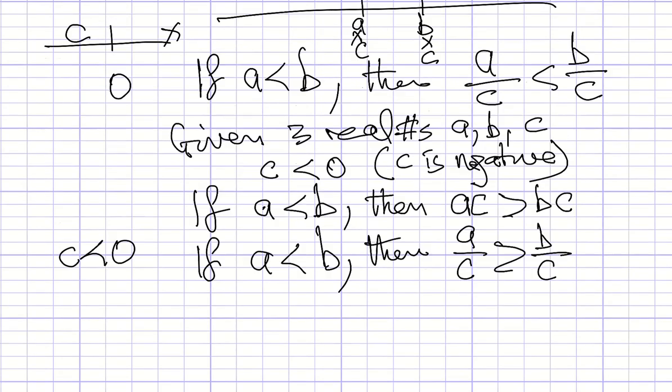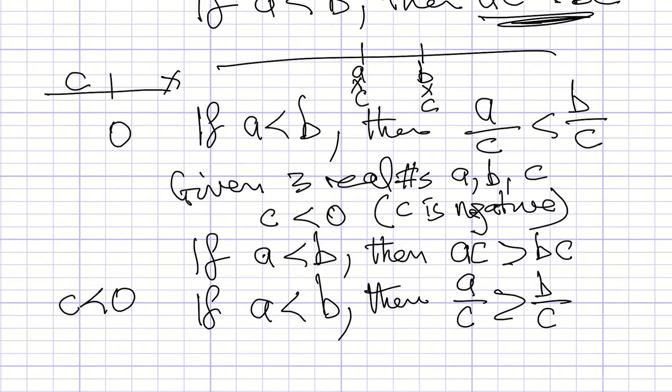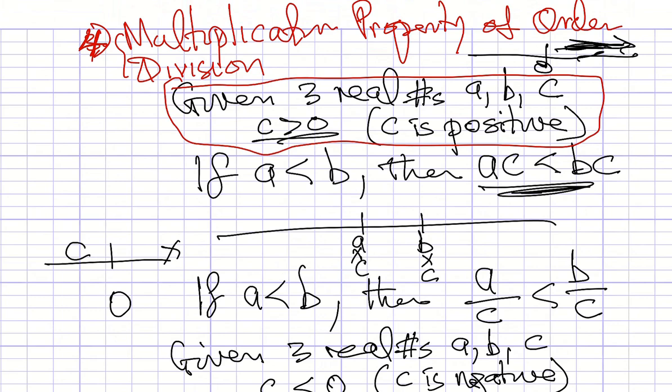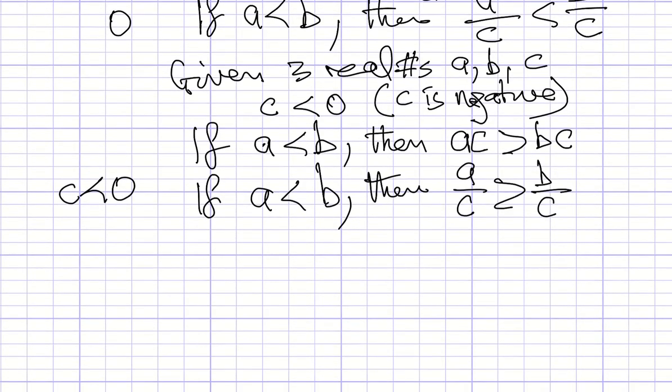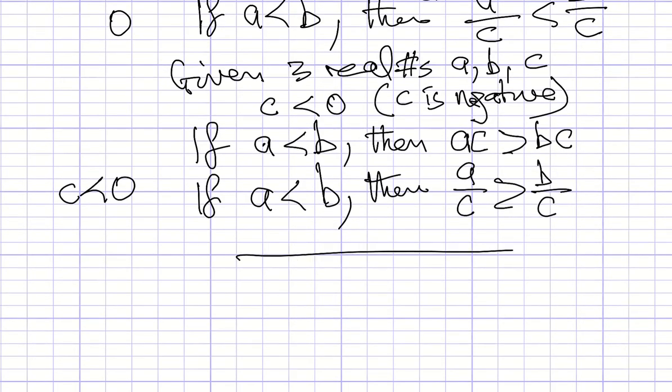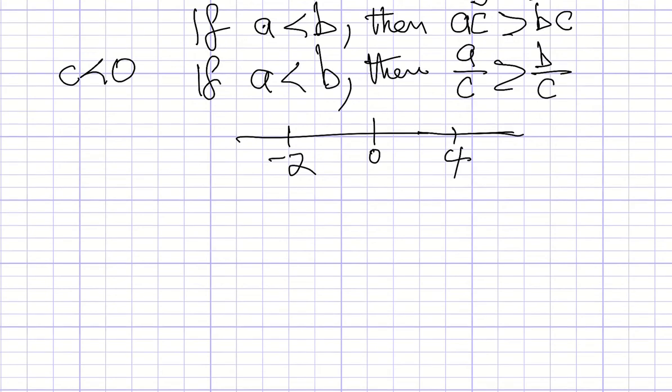An example is important here, under this number 4. Let's say you have 4 here, and you have -2 here. Now pay attention.